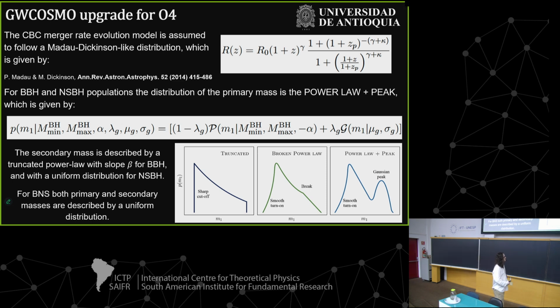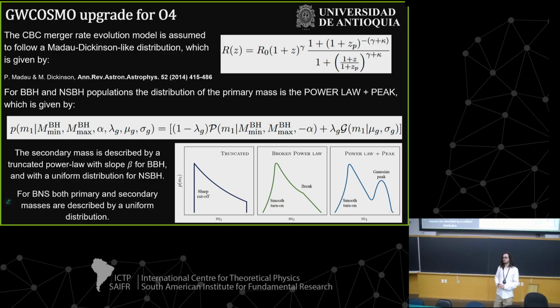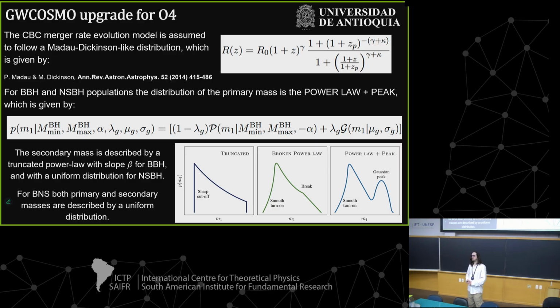Okay, that's a very good and interesting question related to how these systems are formed. This is something that's not very well understood, but you can have a hierarchical production of black holes.